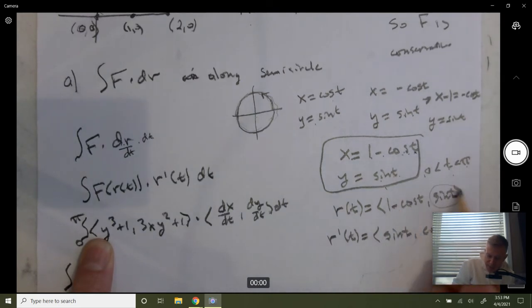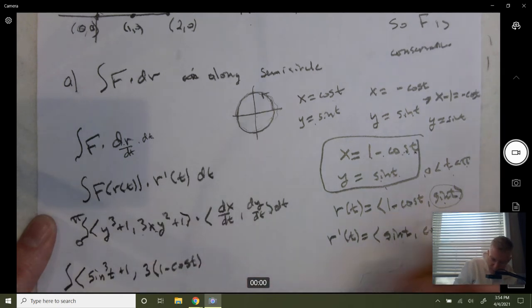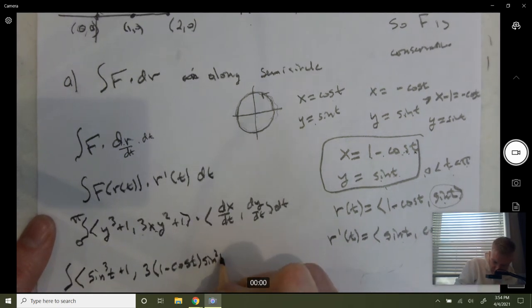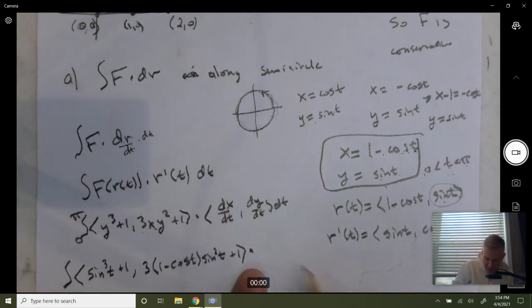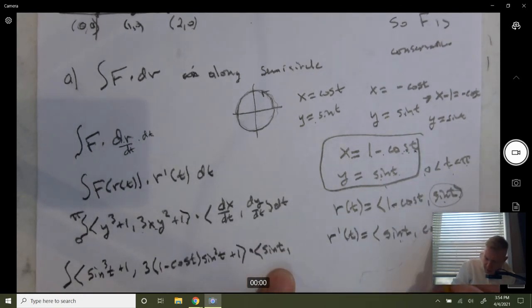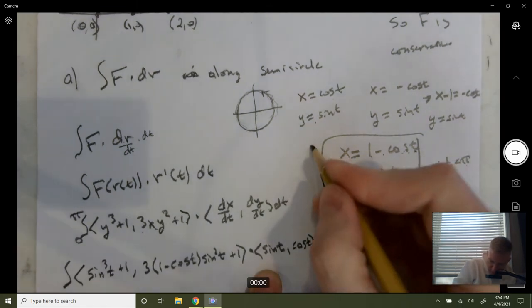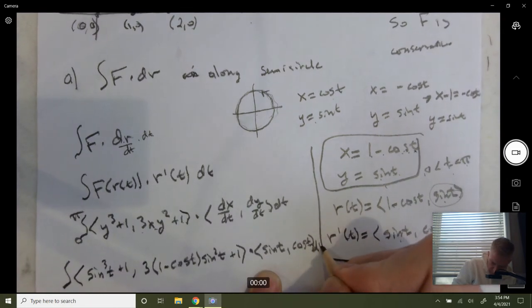My y value is sine of t, so this is going to be sine cubed t plus 1, comma, 3 times 1 minus cosine t times sine squared t plus 1, dotted with dx/dt, which is sine t, and dy/dt, which is cosine t. And we've got our dt here.